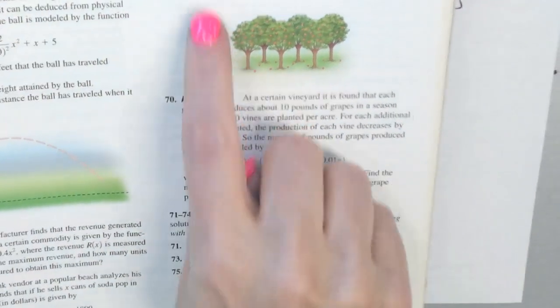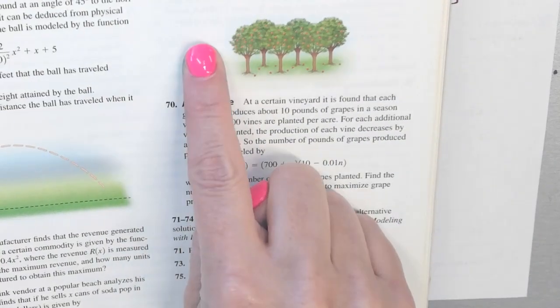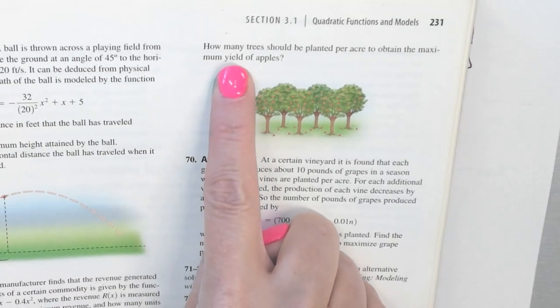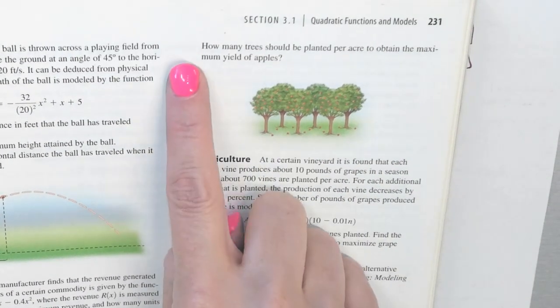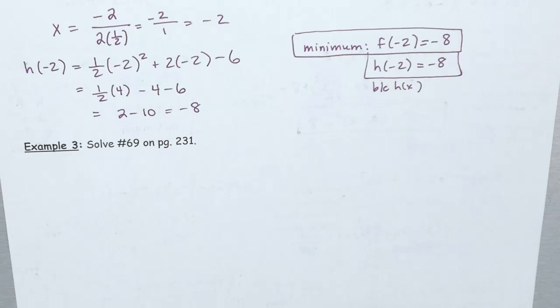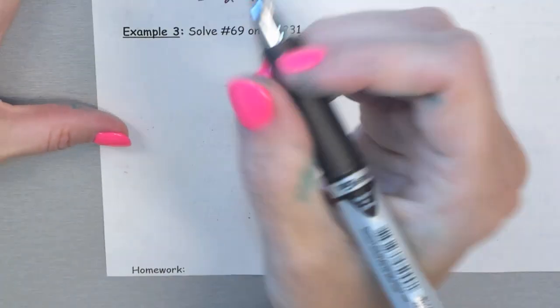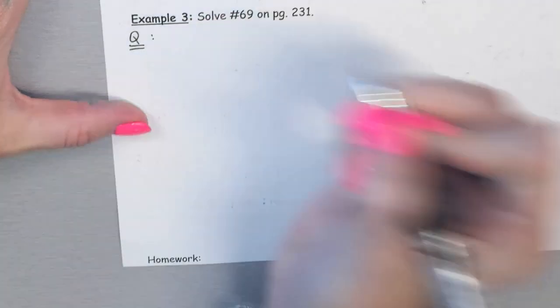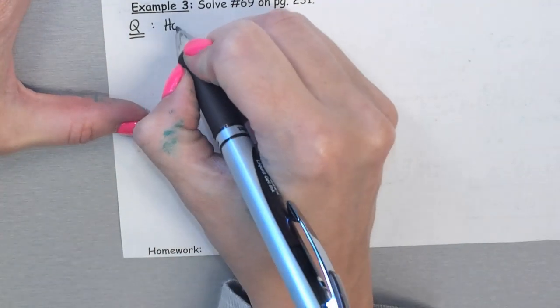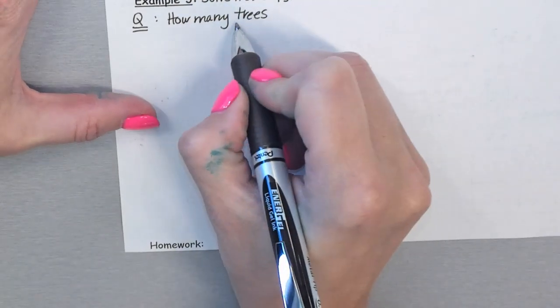Okay, so it says how many trees should be planted per acre to obtain the maximum yield of apples? Oops, sorry. Here's the question. Here's the beautiful picture. Okay, so I always think the first thing is to identify what the question is asking you to do. Even if you're getting stuck, something we can all do is just identify the questions. What are they asking? So they want to know how many trees, so I want you to write this down with me.